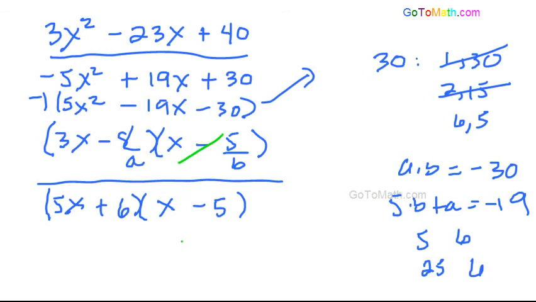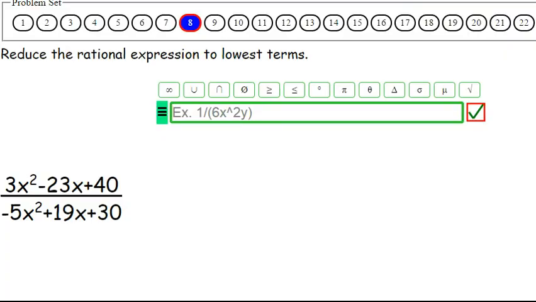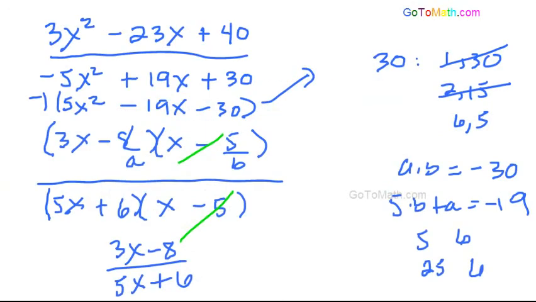So those guys are going to cancel out, and we're going to be left with a 3x minus 8 over 5x plus 6. Alright. Oh, you know what? I forgot that negative. There was a negative here. One of these numbers is negative, and it's coming from down here.